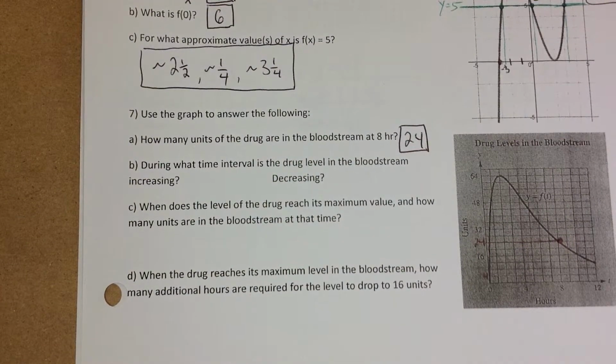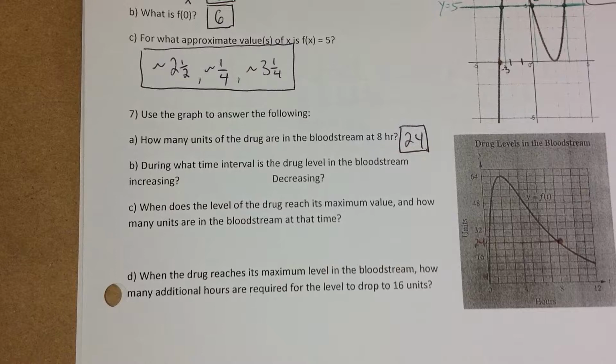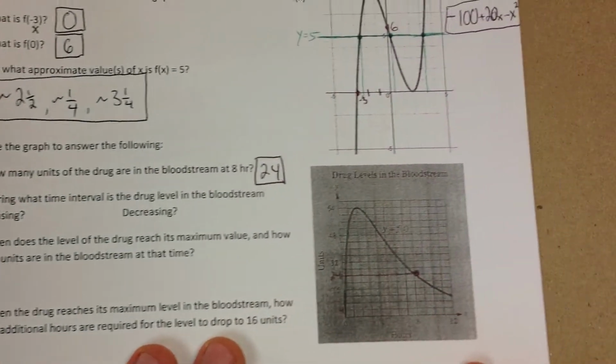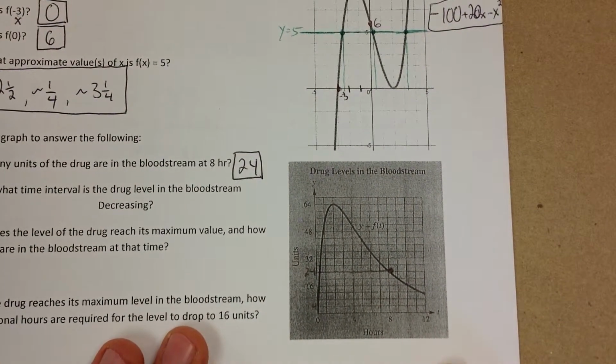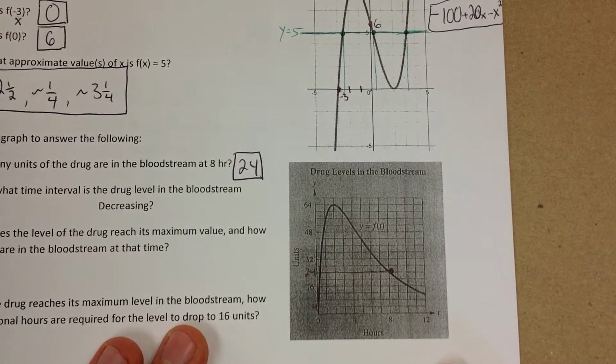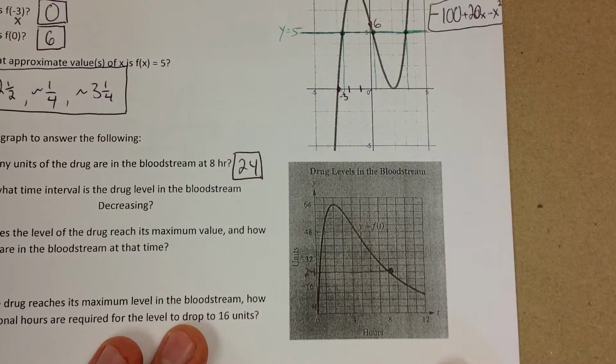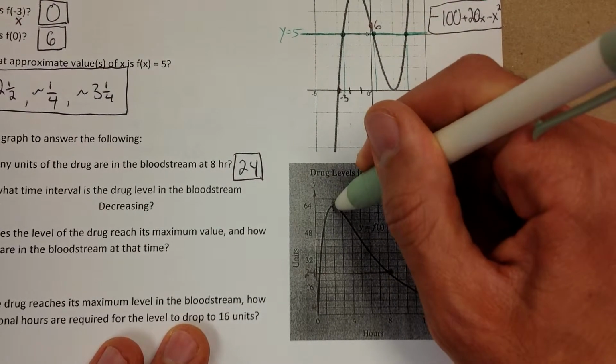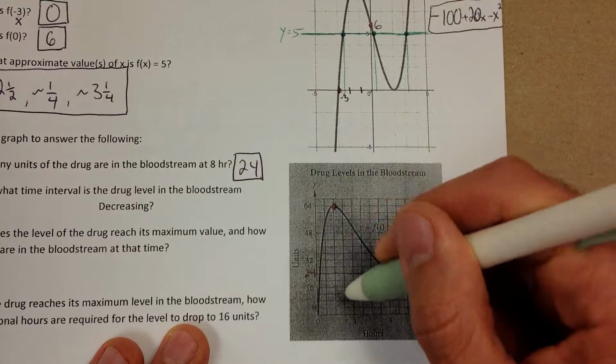Dan, letter B. Could you tell us during what time interval the drug level is increasing? 0 to 2 hours. And can you describe how you got 2? Yeah. Look for the peak. That's where it stops increasing.